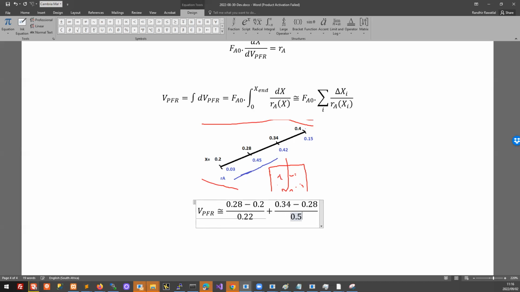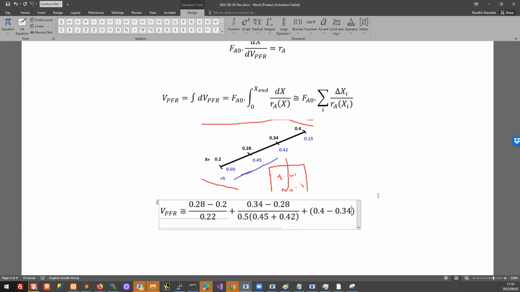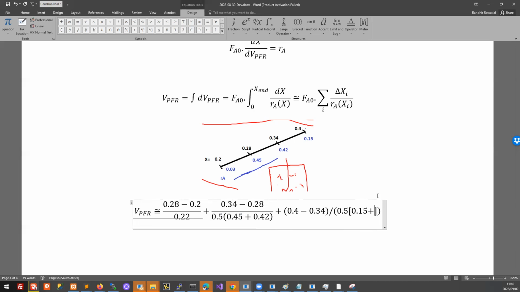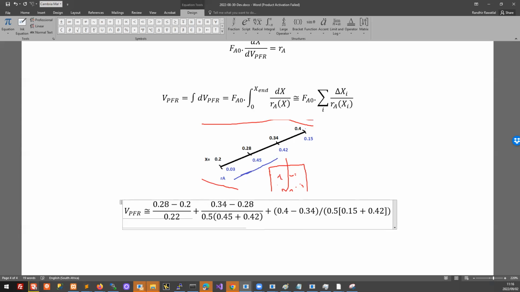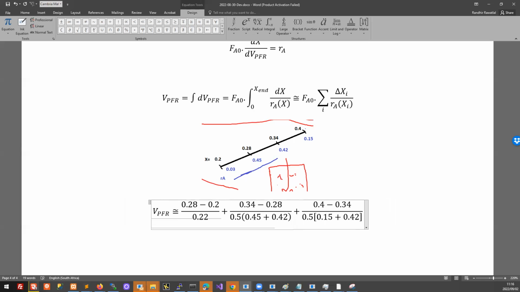So it's a half times 0.45 plus 0.42, plus, and the last one, 0.4 minus 0.34 divided by a half, and it's 0.15 plus 0.42. And that's pretty much it.